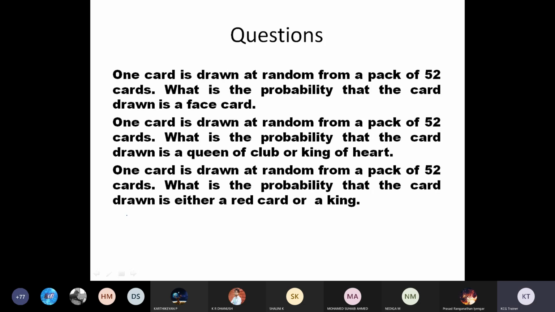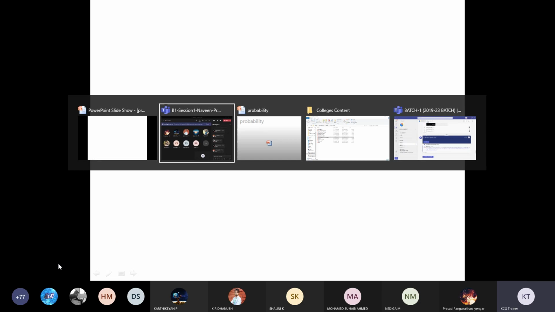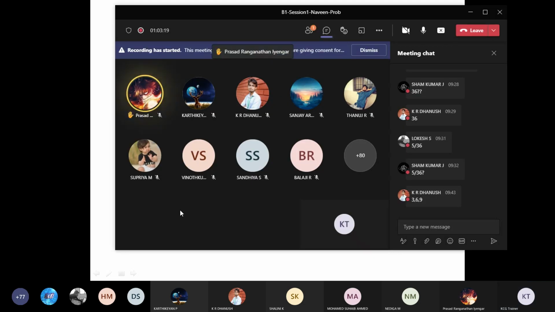At least raise your hand, there is an option called raise hand, so I can understand and start from the basics. Okay, Prasad Ranganathan doesn't know anything about the cards. Only one person.